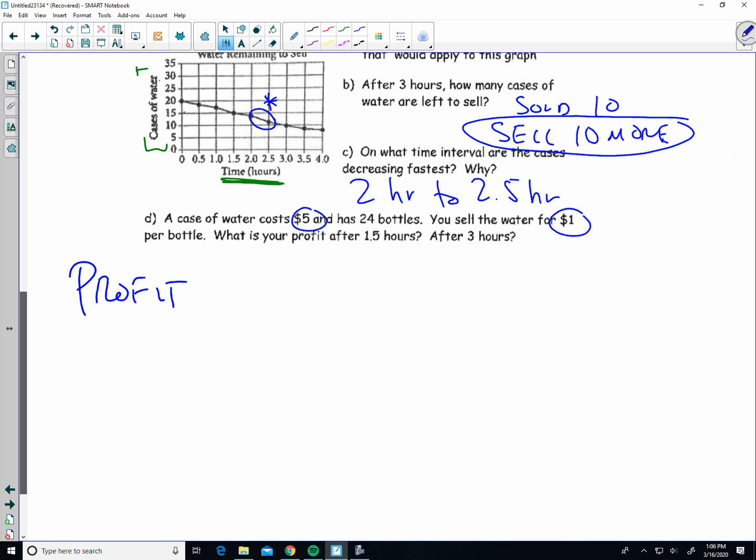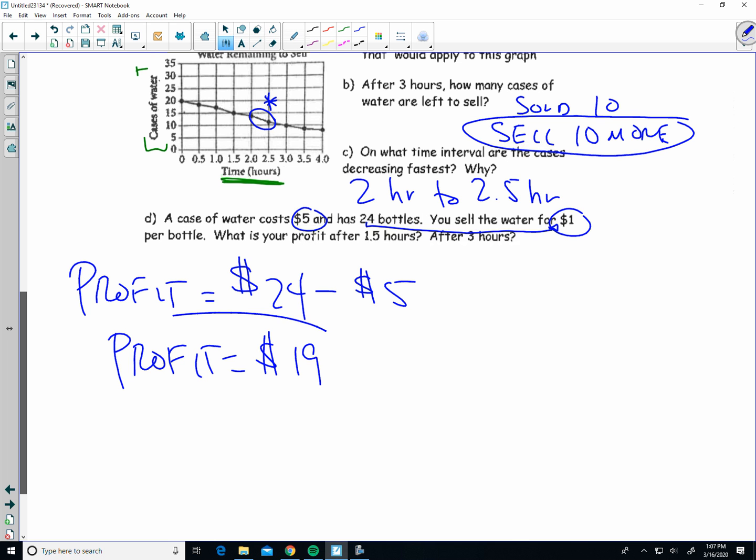Well, the profit is going to be how much money we make compared to how much money we spent. So if we sell 24 bottles for $1 each, that means we would have brought in $24. However, we did already purchase the water for $5 a case. So the first statement there would be that every time we sell a case of water, we're making a profit of $19.